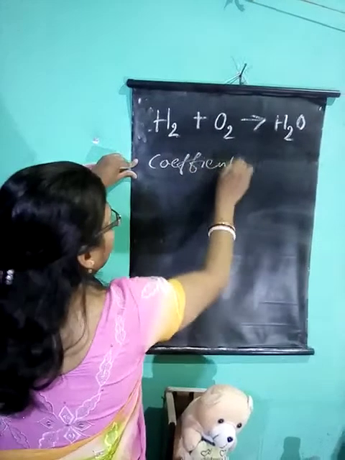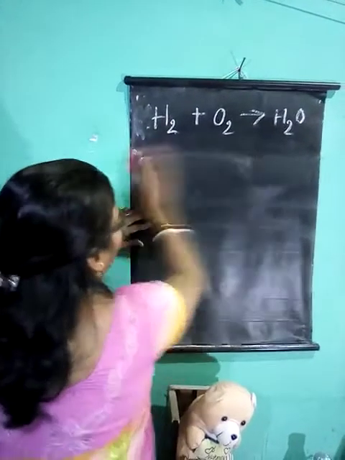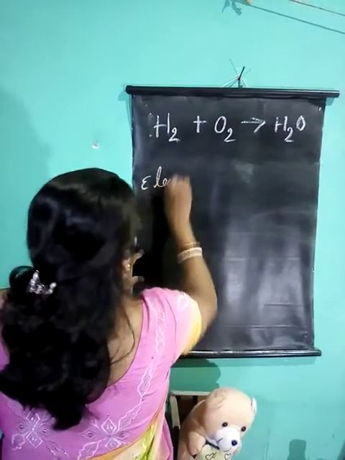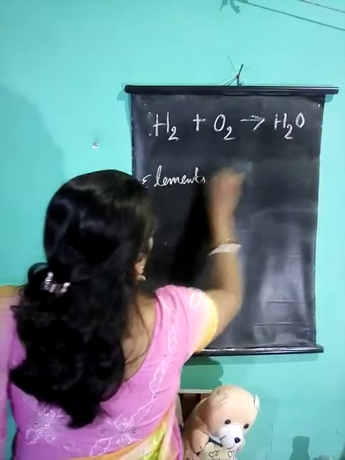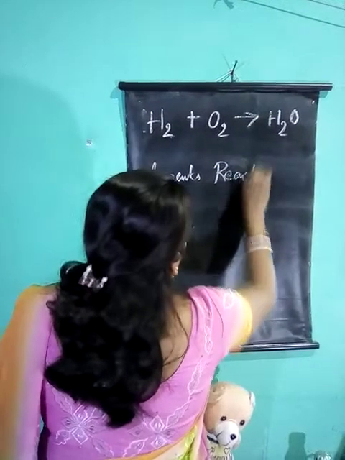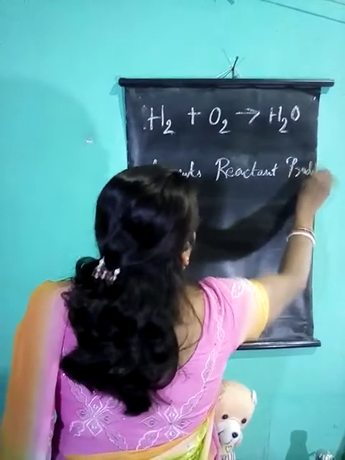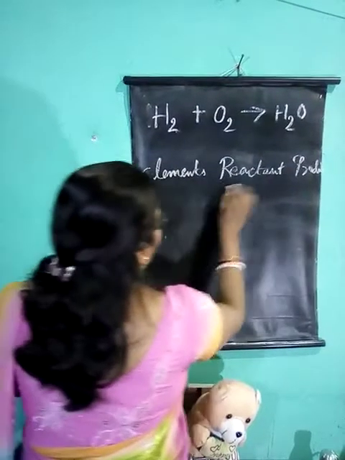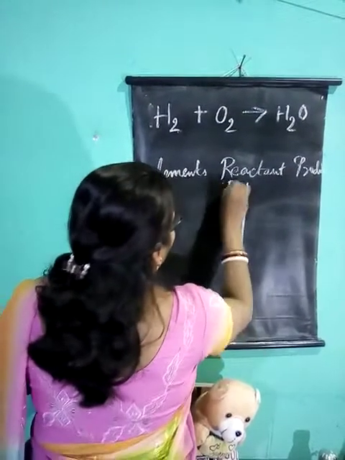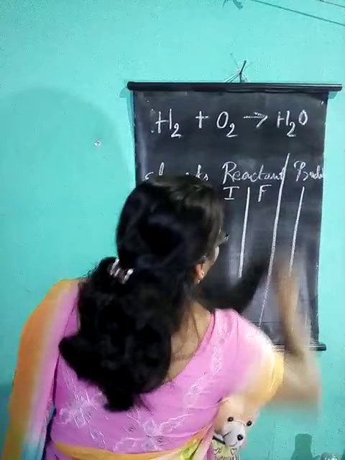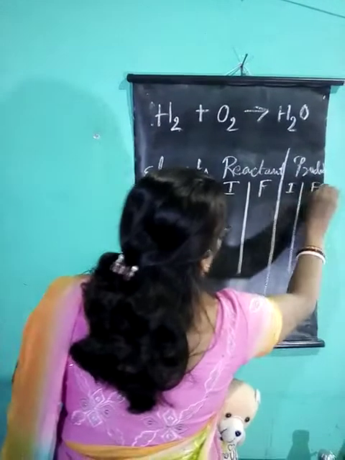Nothing else you can write, nowhere else. Now how to balance it? The elements, reactants and products, you can divide it as initial and final.